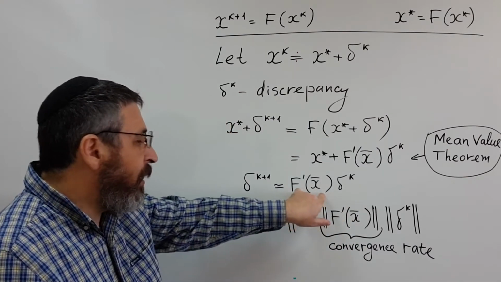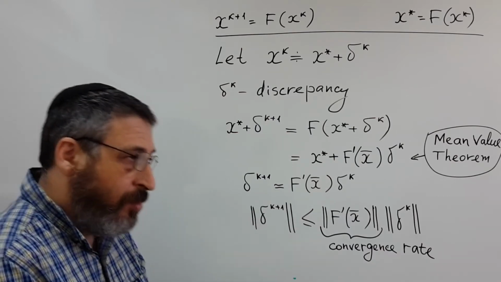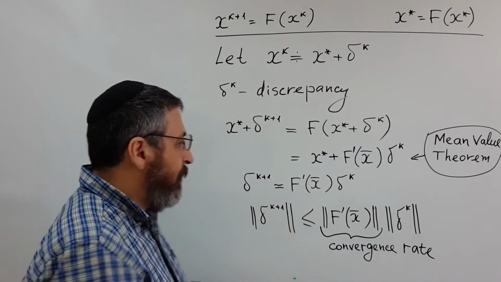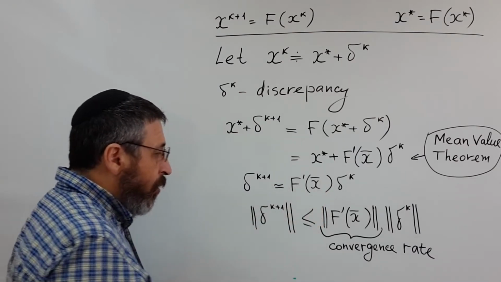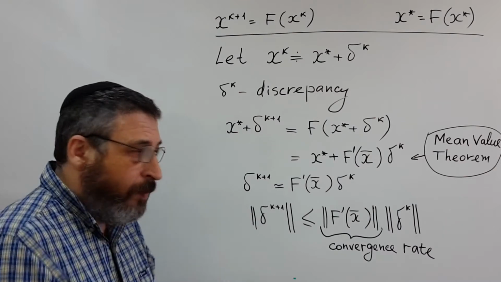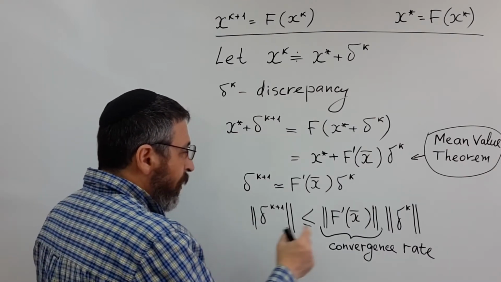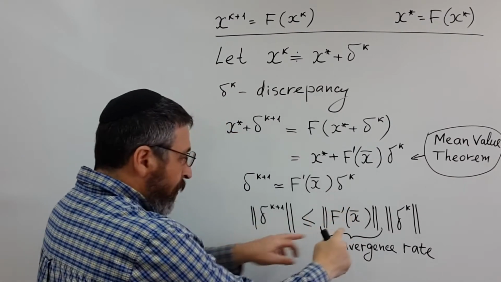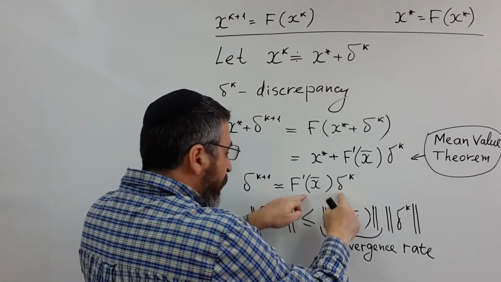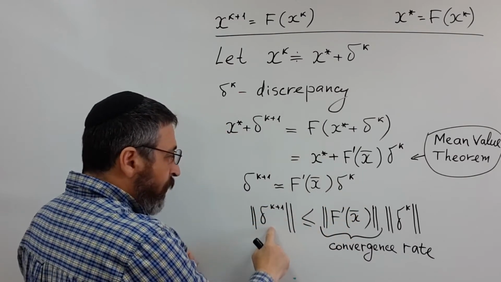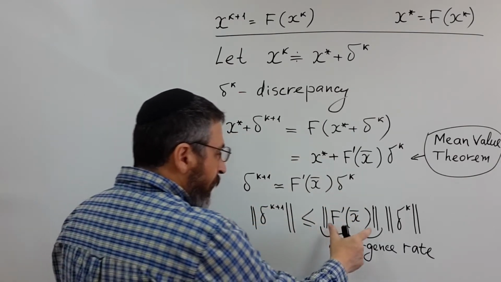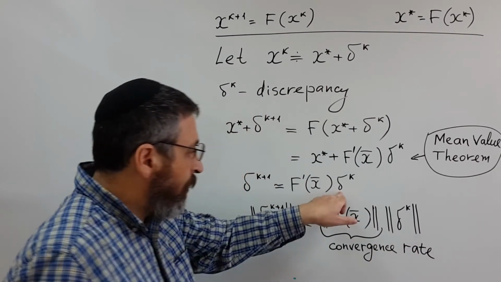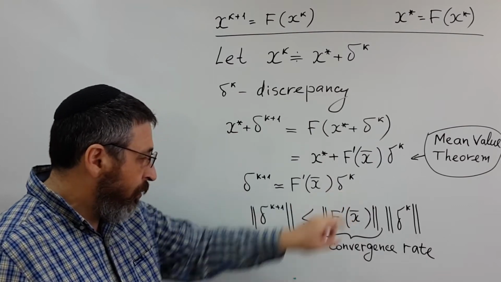So Jacobian is a linear operator. In finite dimensional case, it's a matrix. So the matrix has a norm, and the norm of the product of matrix with a vector is less or equal to the norm of matrix multiplied by the norm of the right hand side vector.